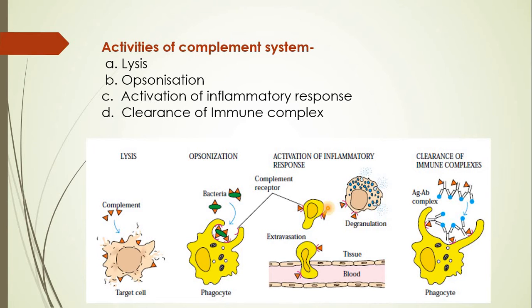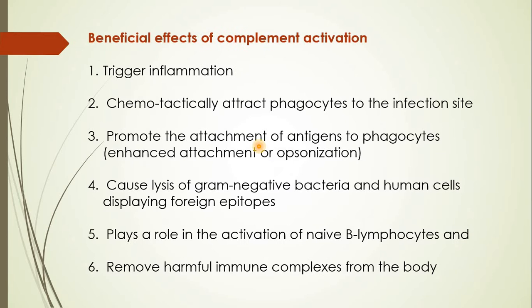And finally, in the serum, if there is a soluble antigen seen in association with a specific antibody, resulting in the formation of antigen-antibody complexes, then removal of the antigen-antibody complex from the body is very essential. This is achieved once again by the complement system, and this ability of the complement system to remove antigen-antibody complexes is called clearance.